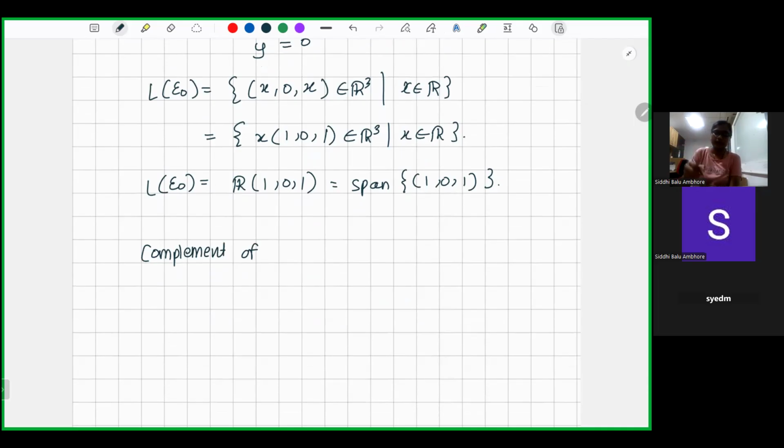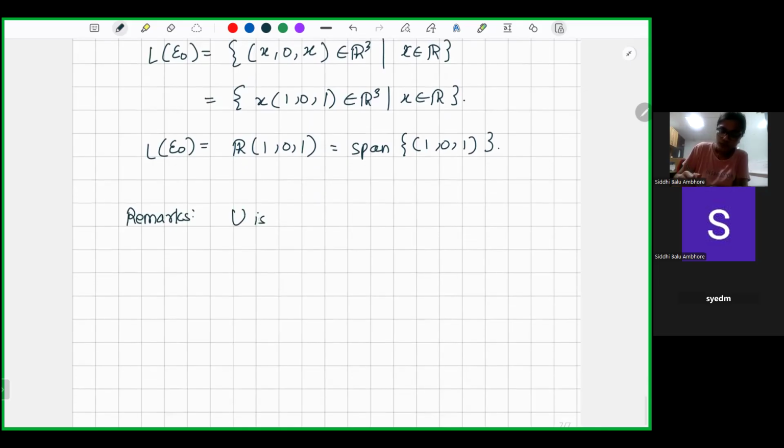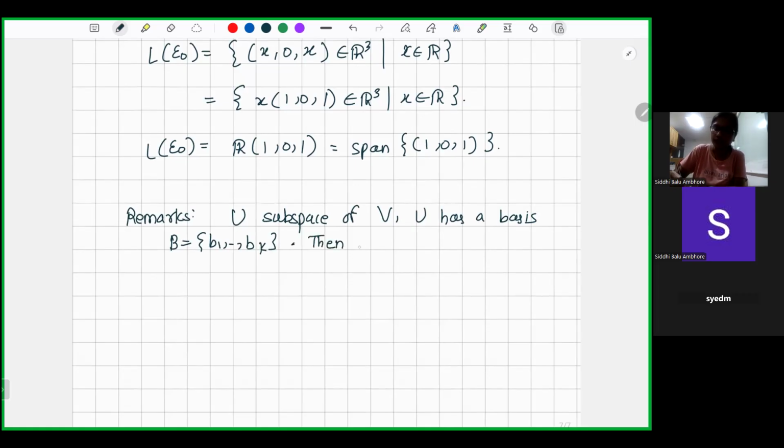Understand this thing, these are remarks or notes: if U is a subspace of V, and U has a basis B equal to B1 to BK, then we can extend this basis B to form a basis of V, right?